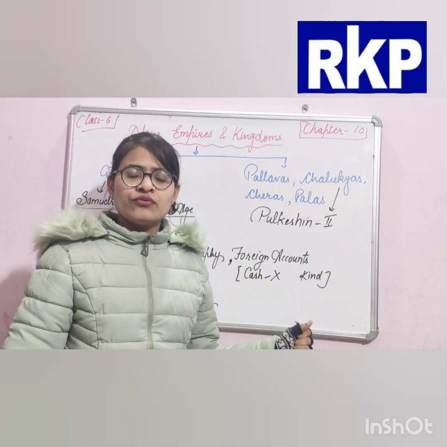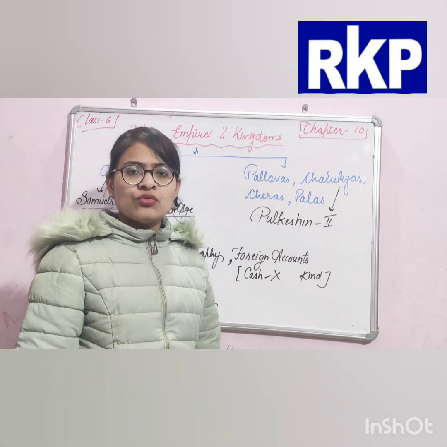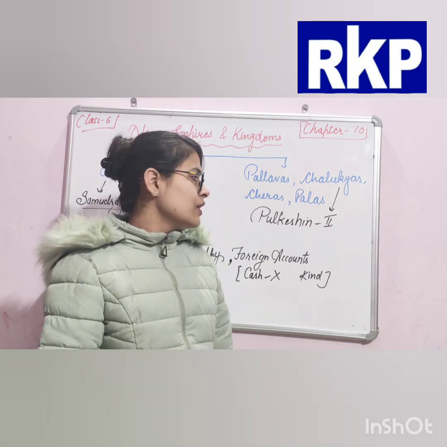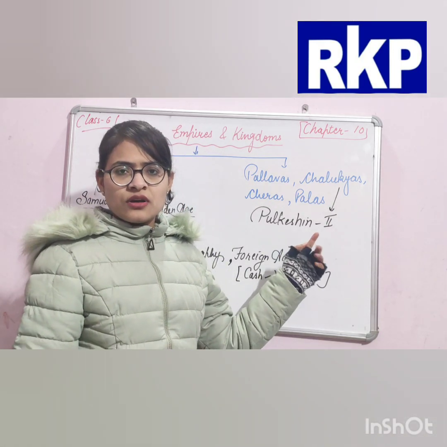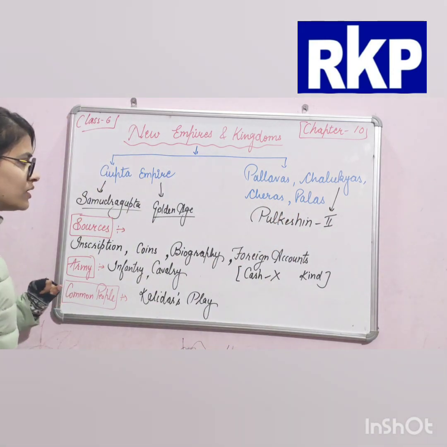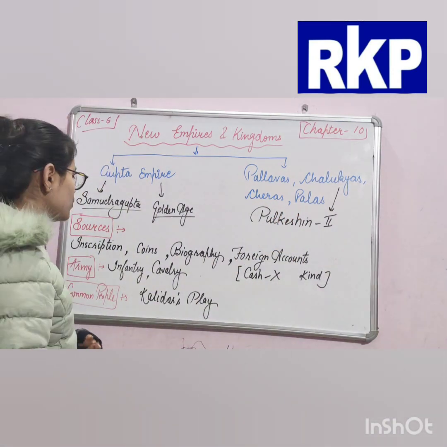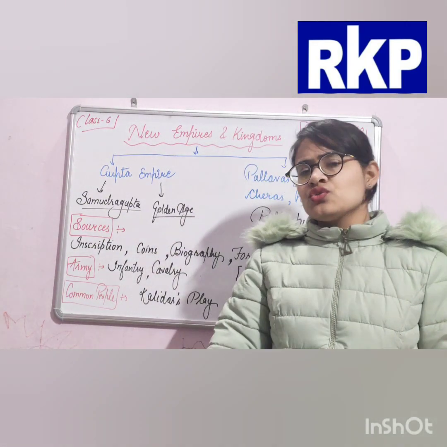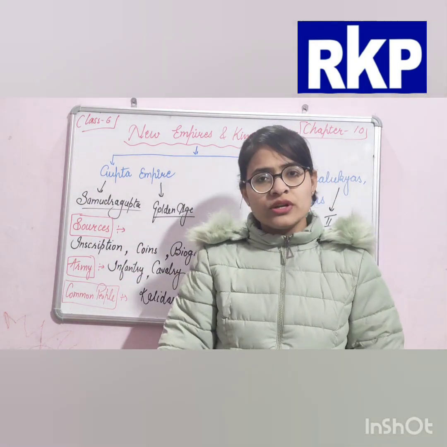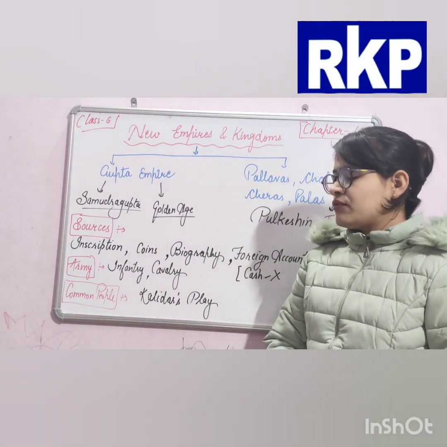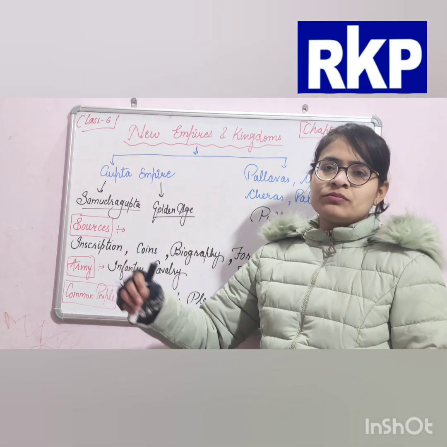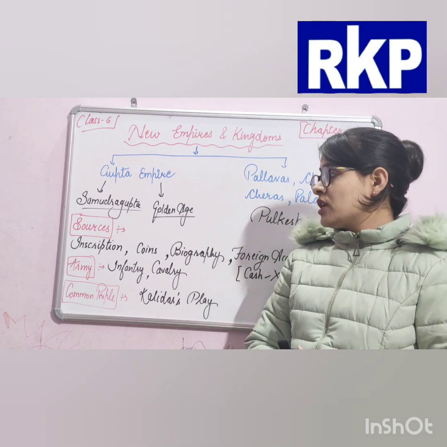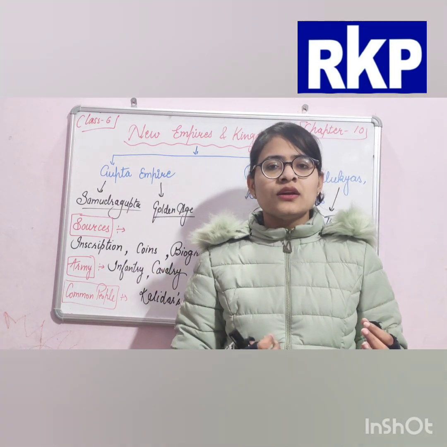He did not rule for that long a time period, but still he was famous among the rulers in South India. Now, you may be thinking how we come to know about Pulkeshin II, about Samudragupta, about the Golden Age. We can find out about Samudragupta when he was found while playing the veena.